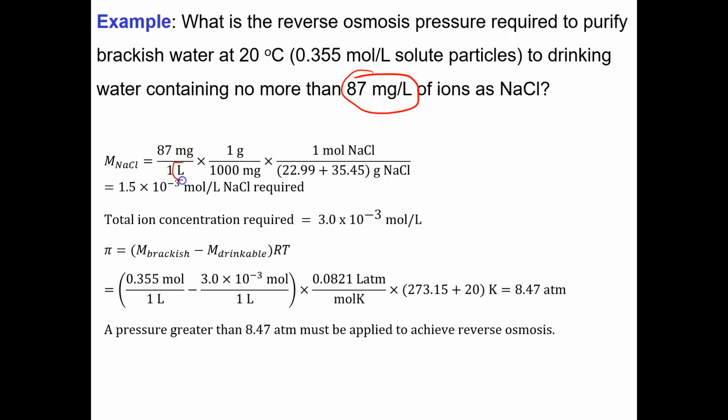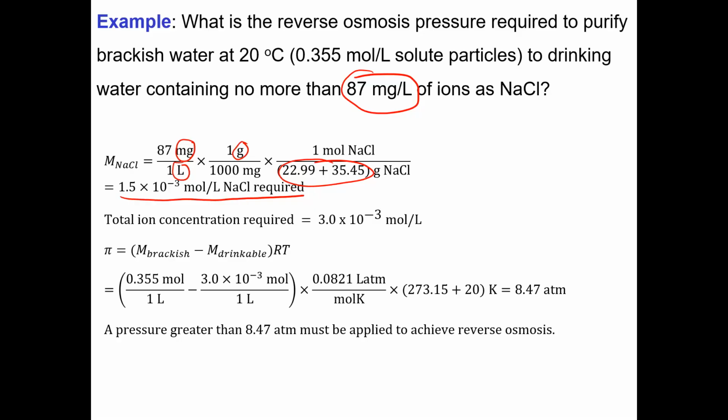So I don't need to in any way modify the litres, but I do need to turn the milligrams into moles. So the first thing I do is multiply by the appropriate conversion factor to convert milligrams into grams. And then finally, I use the molar mass to convert my grams into moles. And this gives me moles per litre of sodium chloride.